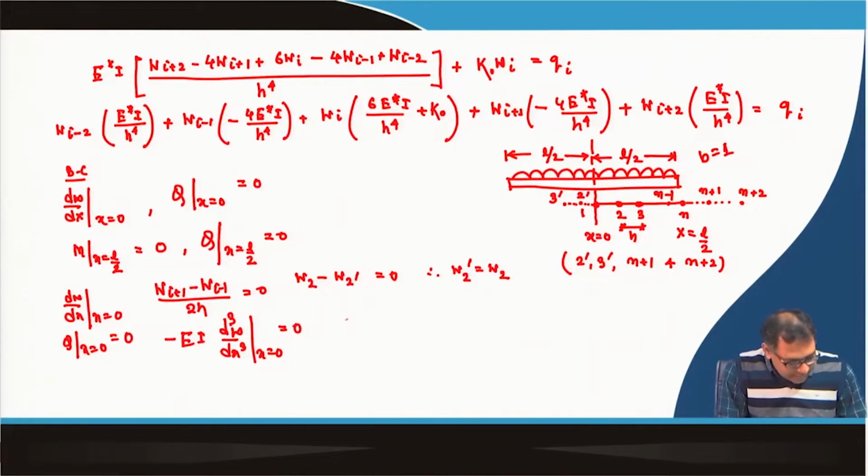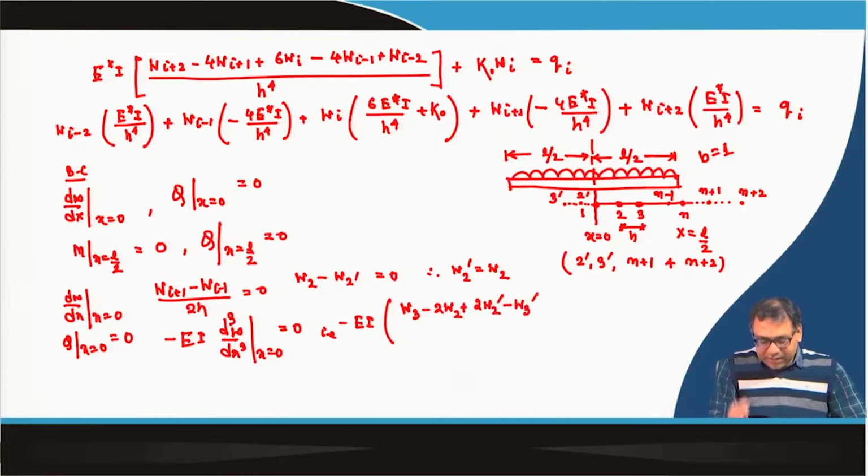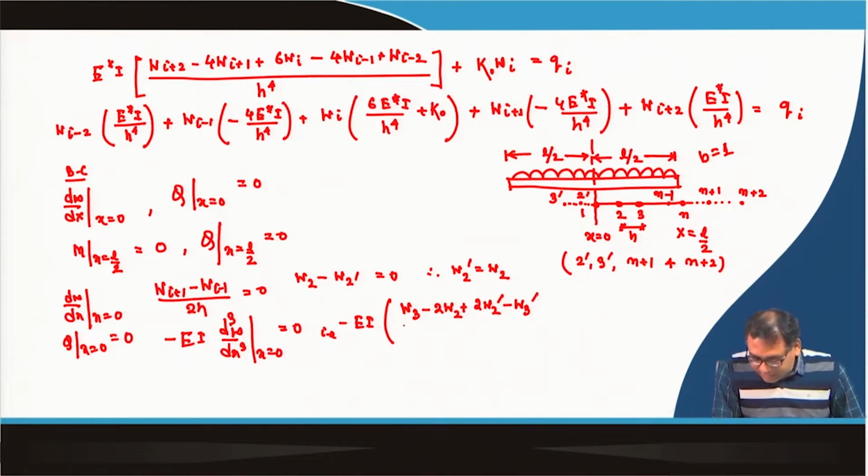Now I can express d3w/dx3 in finite difference scheme: w3 minus 2 w2 plus 2 w2 dash minus w3 dash, divided by 2h cubed, equal to 0.